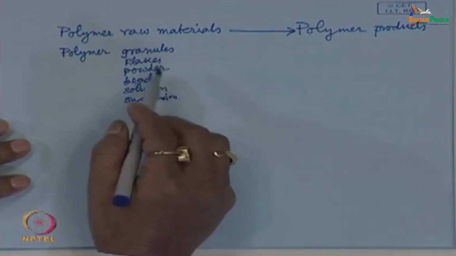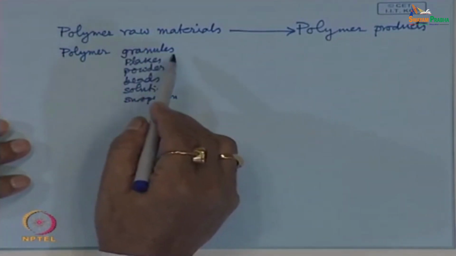So, the raw polymeric materials are available in these forms.